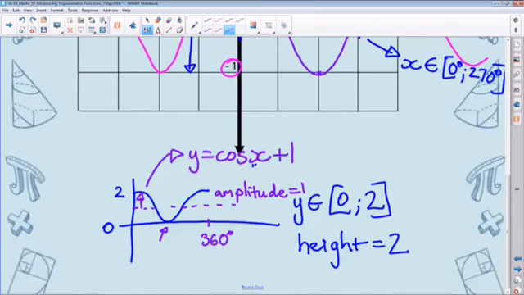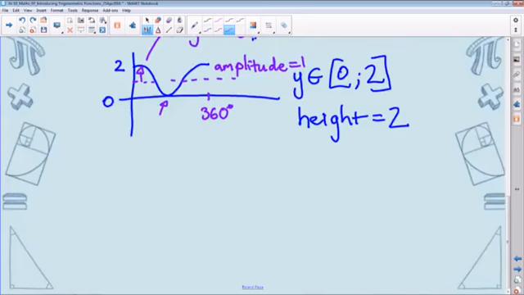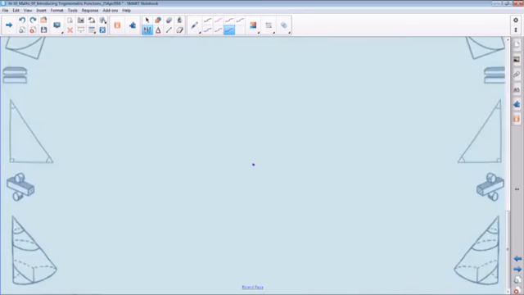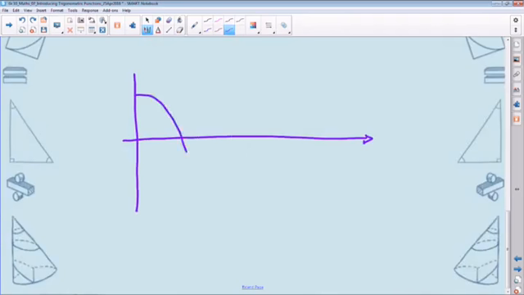How do we shorten the period? Well, I can show you the easy way to do it, and that's just to draw it shorter. So let's do a straight line there and a straight line there. And let's just draw a cos graph in, and instead of having it end at 360, let's cheat, scribble that out, and have it end at 180 degrees.